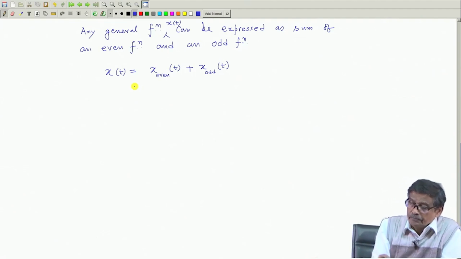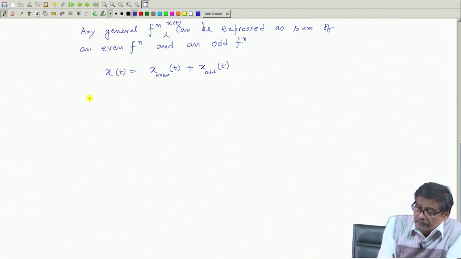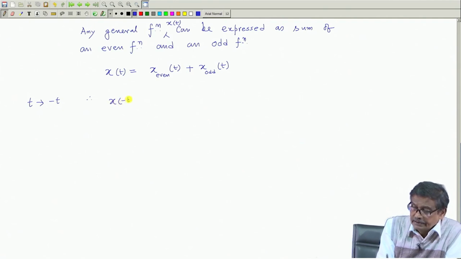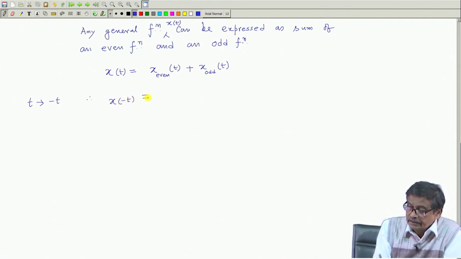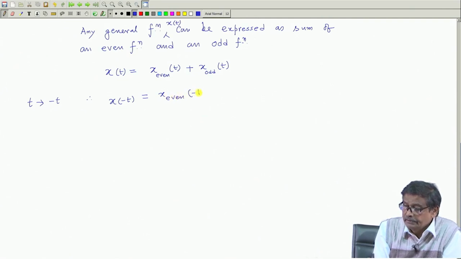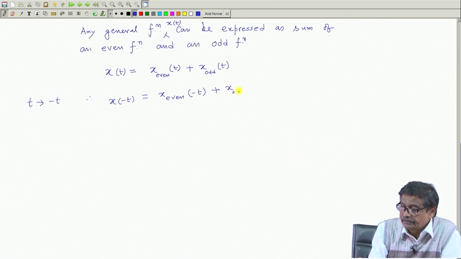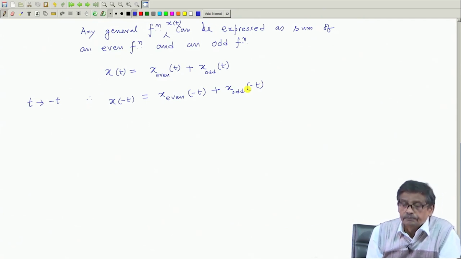For example, replace t by minus t, then x(-t) on both sides: x even(-t) plus x odd(-t).